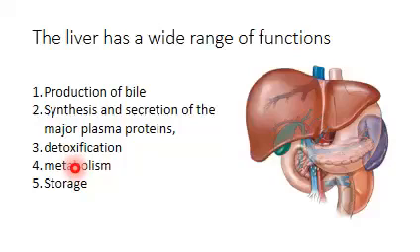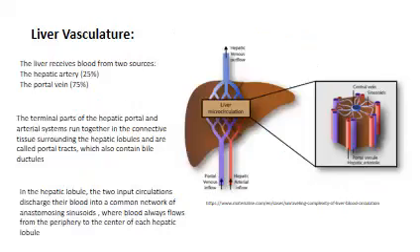Protein metabolism, carbohydrate metabolism, and fat metabolism all take place within the liver, and finally storage of a large number of molecules, mainly vitamin A, vitamin D, and vitamin B12 and other minerals.